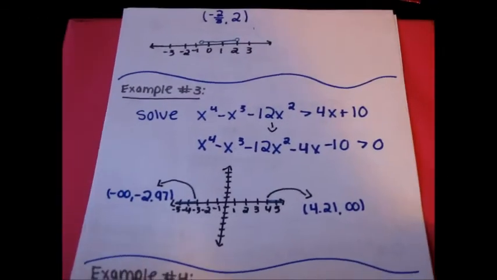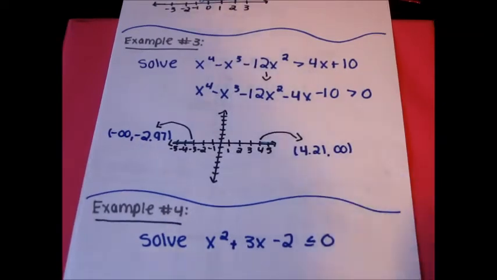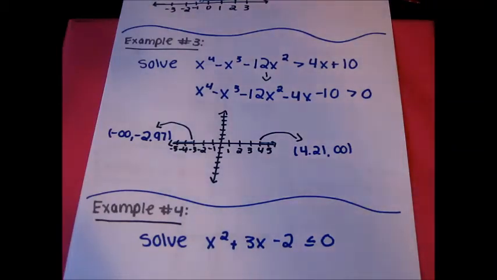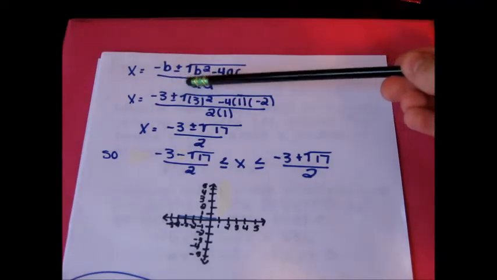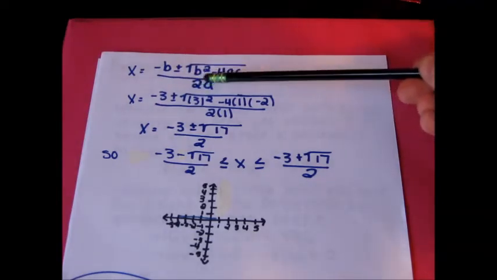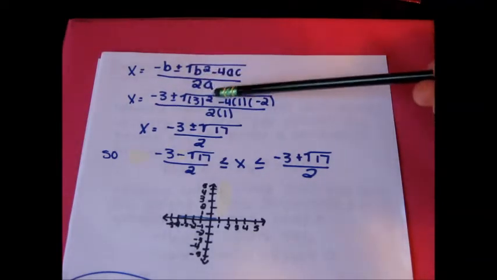Now moving on to example number 4. This one does have x squared, but it is a quadratic, so we don't have to graph this one. I mean, you can if you want to, but we can easily solve this by using the quadratic formula. So, quadratic formula is negative b plus or minus the square root of b squared minus 4ac all over 2a.